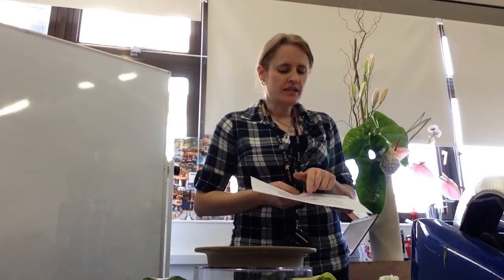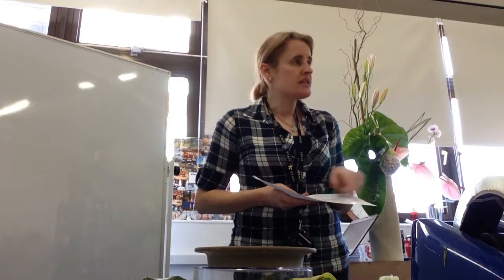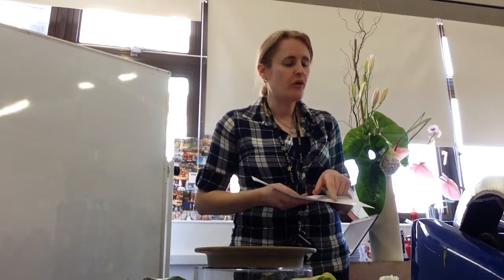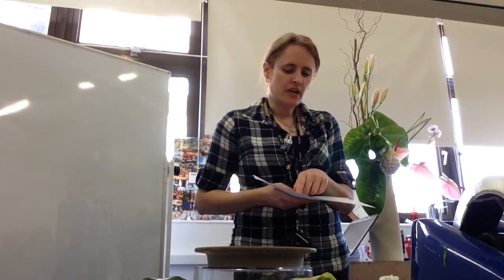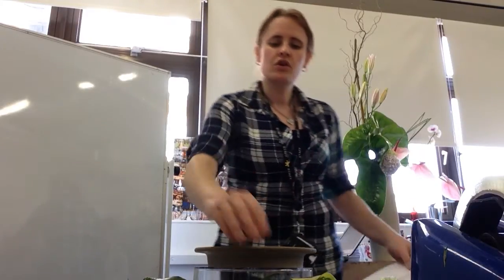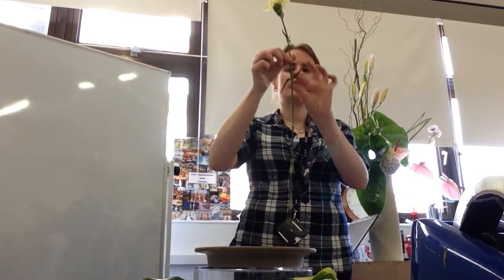The use of transitional material is minimised, so you don't have loads of foliage and stuff, in order to ensure that the impact of the individual forms and lines are dominant. Okay, so for example, foliage can be removed from the stem to exaggerate the linear movement. So what they're saying is obviously take off these bits.